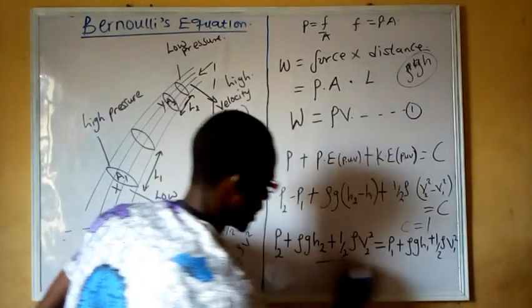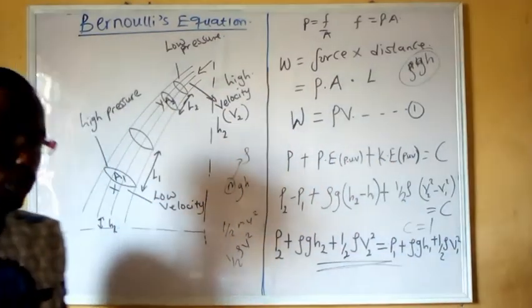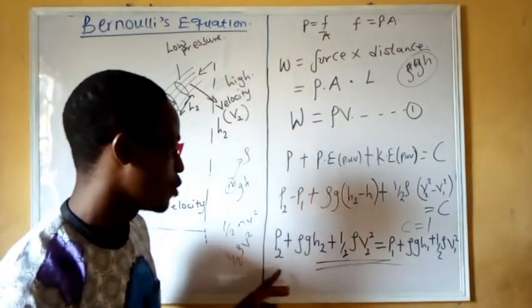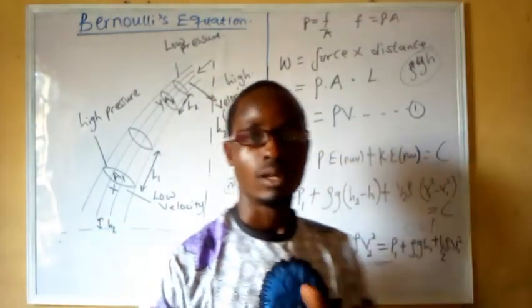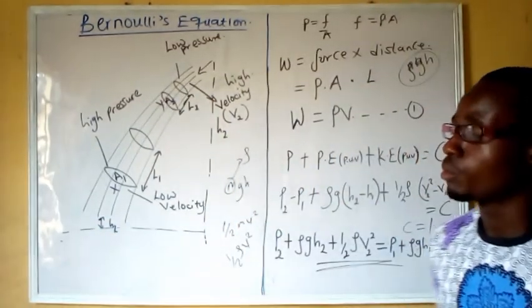So this is regarded as Bernoulli's equation, which can be used to find pressure 1 or pressure 2 between two fixed points in a moving incompressible liquid.